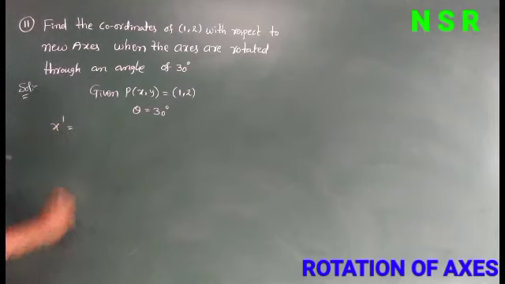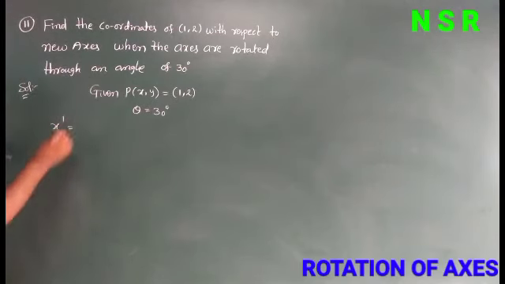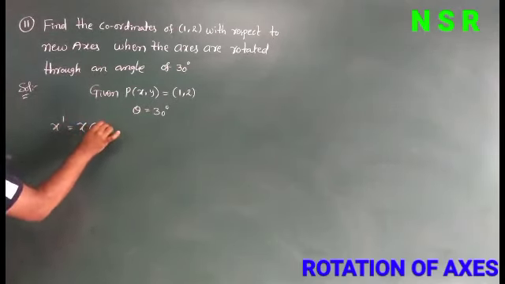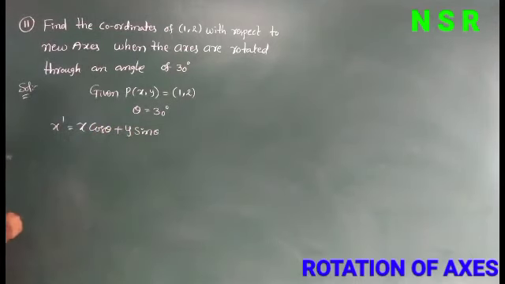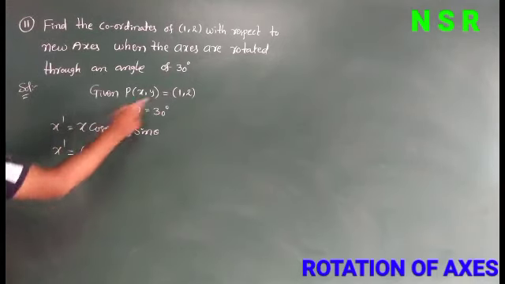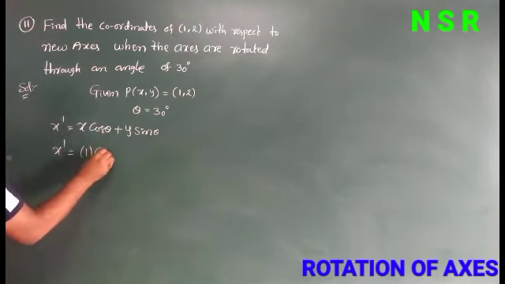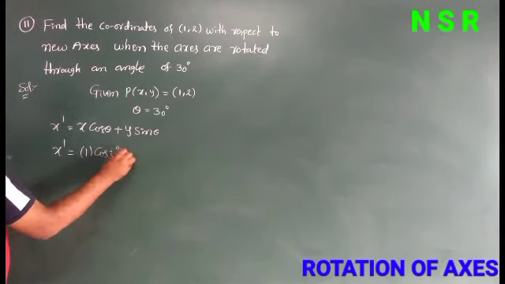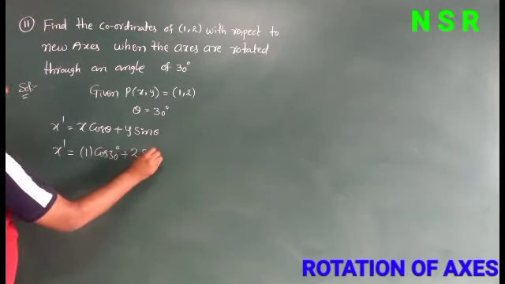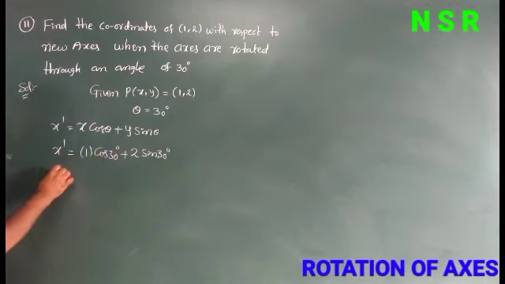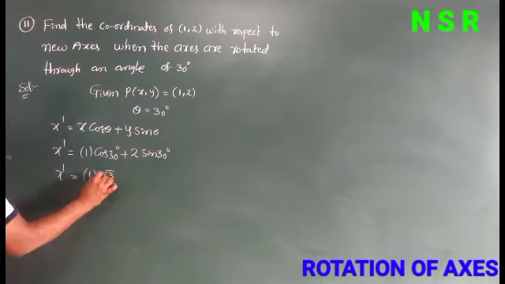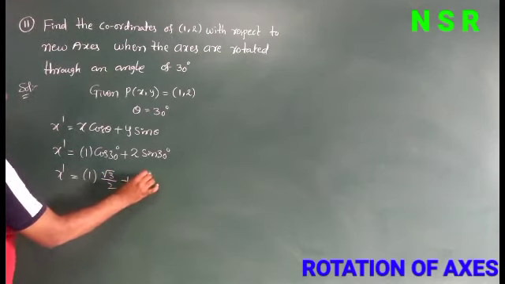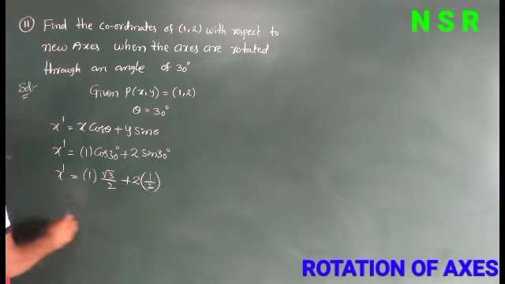Write the formula: x dash is equal to x cos theta plus y sin theta. Now x dash is equal to 1 into cos 30 plus 2 into sin 30. Cos 30 value is root 3 by 2, sin 30 value is 1 by 2.